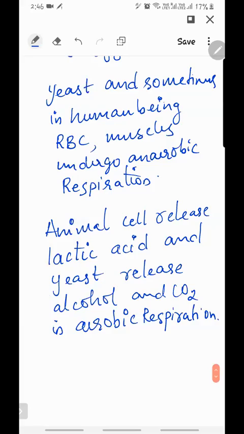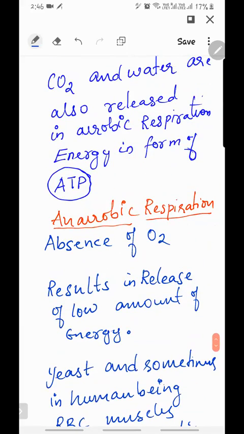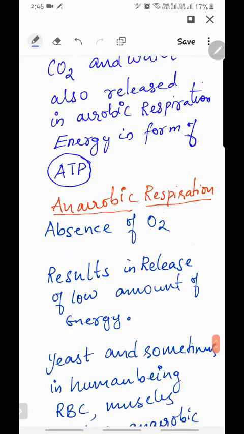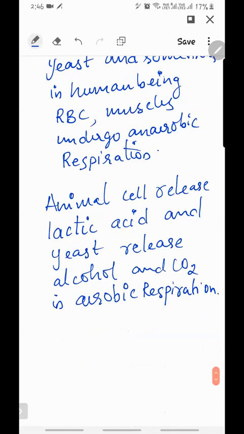So these are the differences between aerobic and anaerobic. In aerobic, we have seen that carbon dioxide and water will be formed. When we do physical activity, animal muscle cells will release lactic acid.